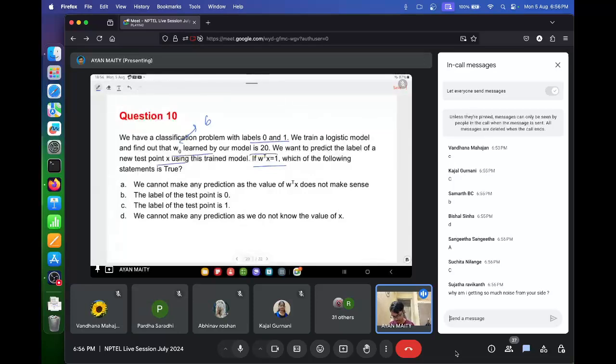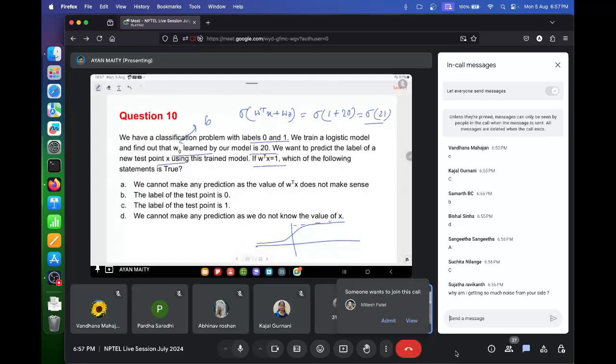Okay, so the output of this sigmoid would be sigmoid of W transpose x plus W0. W transpose x is 1 and W0 is given as 20. So sigma of 21. If you plot the sigmoid function, it looks like this, and at 21 it would approach almost 1.